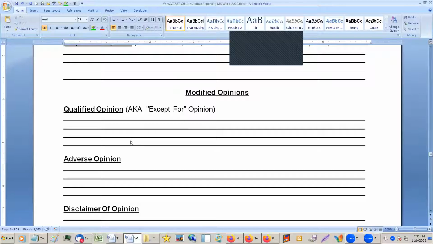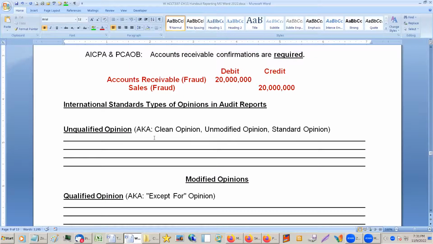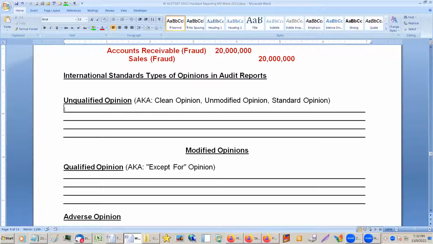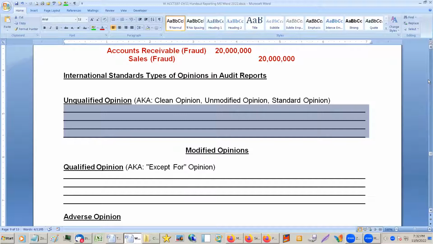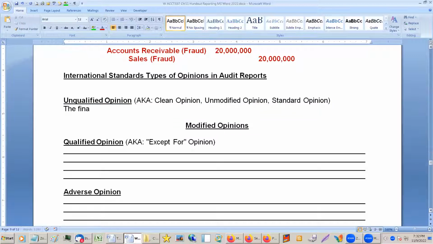Okay, audit opinions. We'll do these. This will be the last. Unqualified opinion sounds bad, but it's actually good. The financial statements are free from material misstatements.